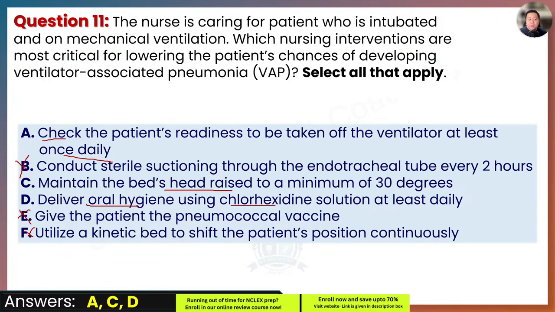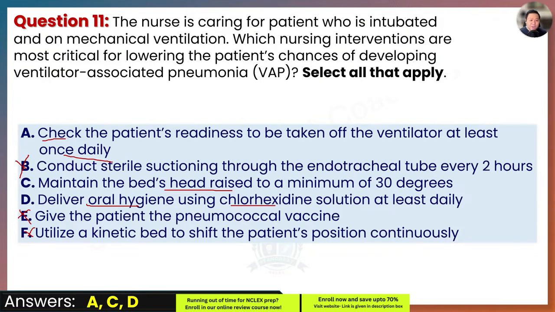And so when you're asked this type of question, you have to focus on the interventions that have direct evidence-based links to the condition being addressed. And in this case, we're talking about the VAP. All right. Also you have to ask yourself, is this intervention going to target a known risk factor?